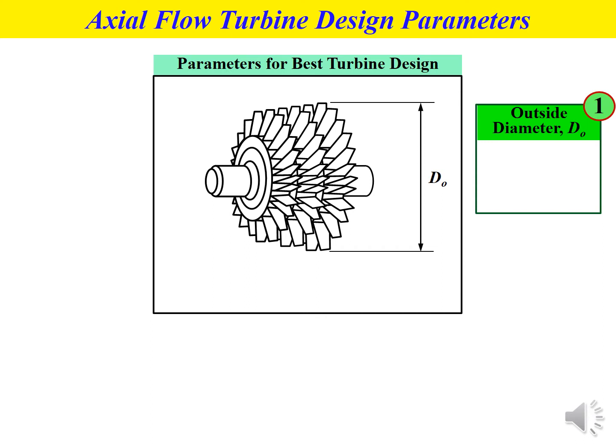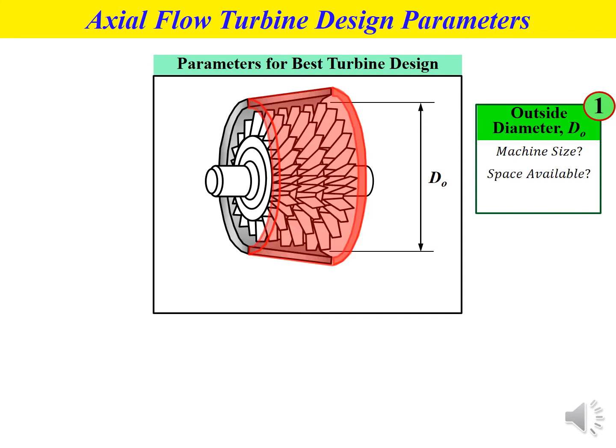This parameter is important because it will determine the size of the turbine, the size of the machine in terms of casing, and we also need to determine a suitable size of the machine so that we can align with the space available. So we need to align the size of the turbine and the space available where we will put the turbine at a certain space area.